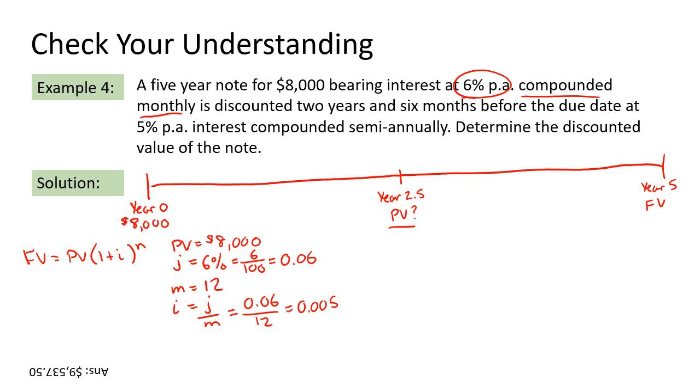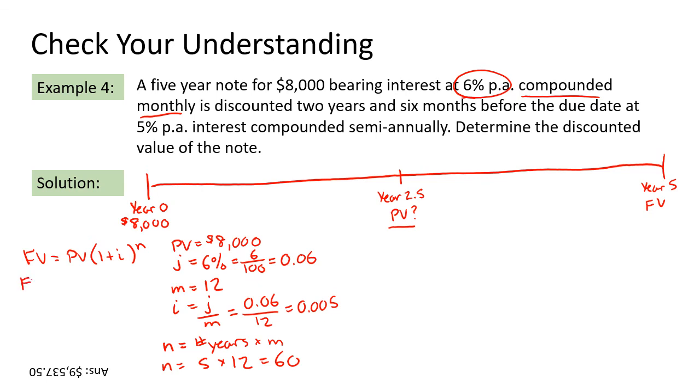So last step is we need the total number of compounding periods, N, which is the number of years multiplied by M, the number of compounding periods per year. Well, we know it's a 5-year note, so N is equal to 5 years multiplied by 12 compounding periods per year, which is equal to 60.